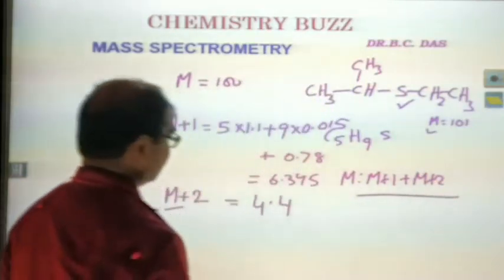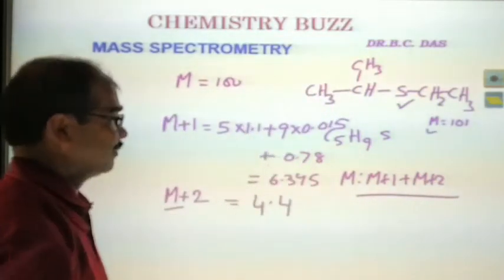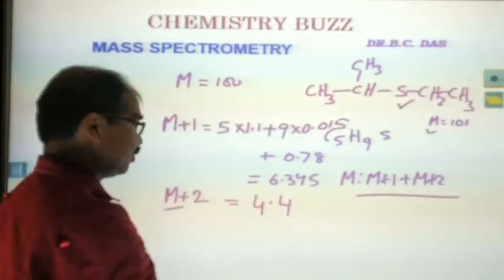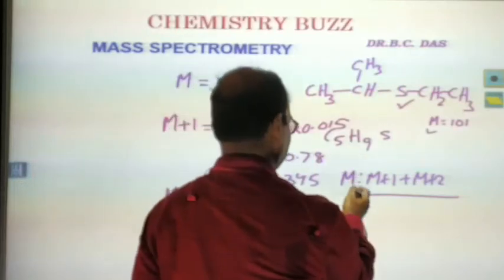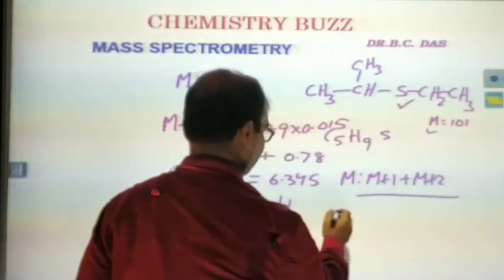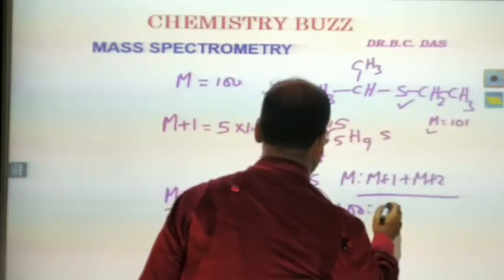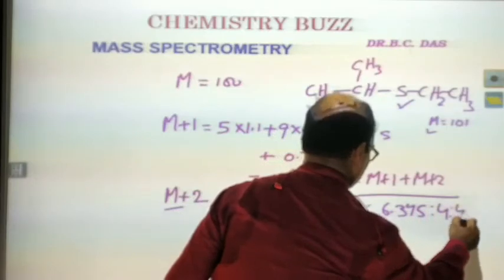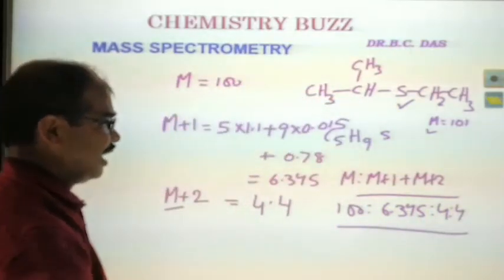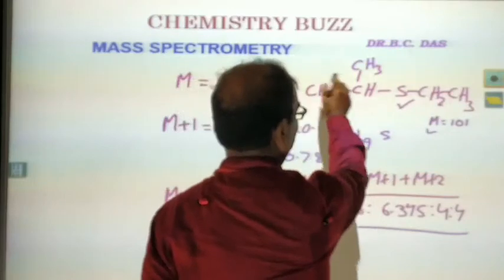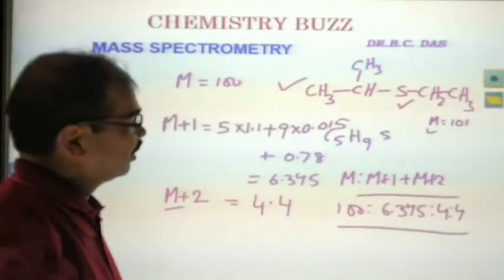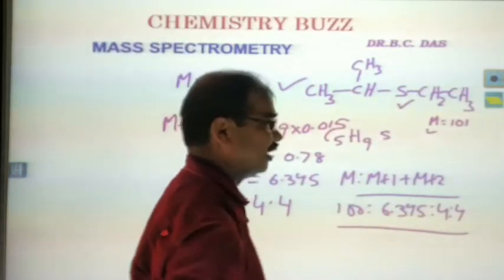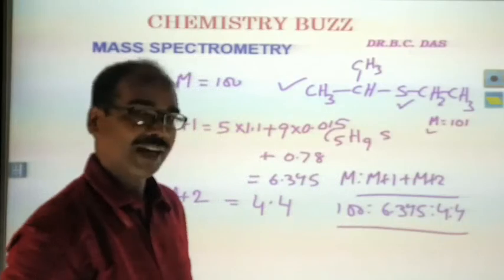So the molecular ion will be a triplet, that is m, m plus 1, m plus 2, and the ratio is in the order of 100 is to 6.345 is to 4.4. So this is the ratio, and it is a sulfur containing compound, the molecular formula will be this much. Okay, so in this way we are able to calculate the m plus 1 and m plus 2.